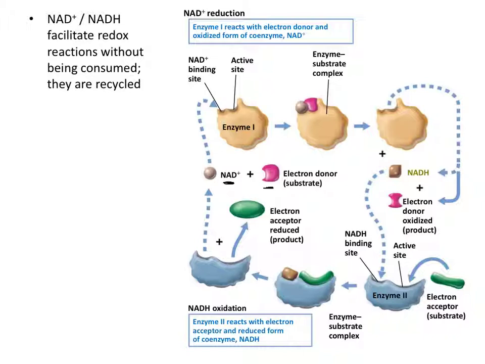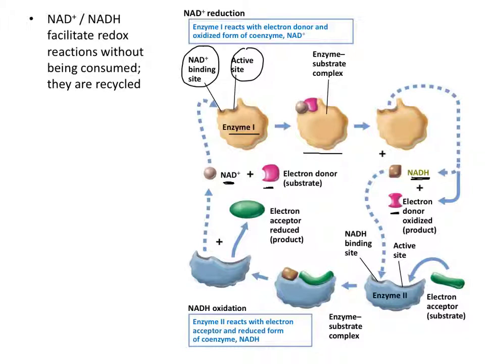Both of these are binding to enzyme 1. The substrate binds to the active site, but there's also an NAD+ binding site. They form the enzyme substrate complex, and as a result, the NAD+ is reduced to form NADH. Okay, and the donor has been oxidized. It has given up its electrons.